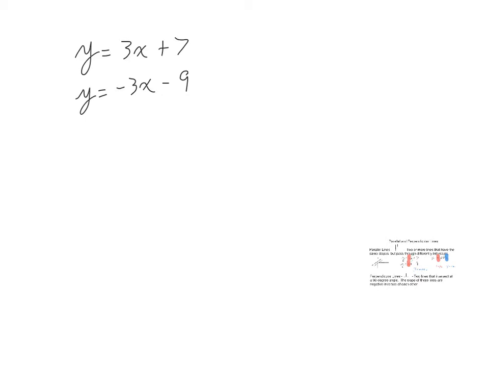Remember, slope is the coefficient, or that number in front of x. So in the top equation, my slope is 3. The bottom equation, my slope is negative 3. These are not parallel.